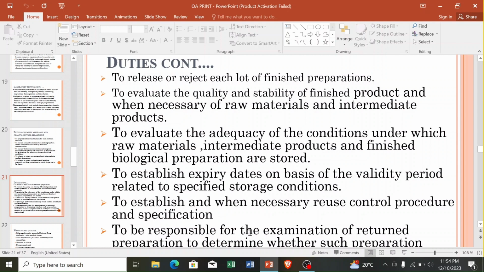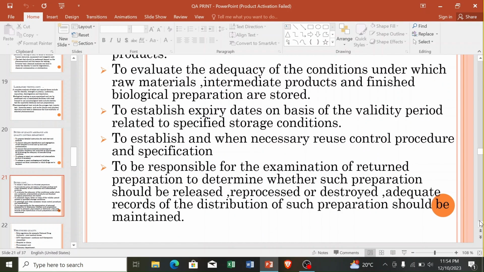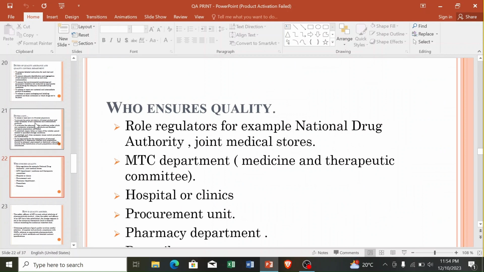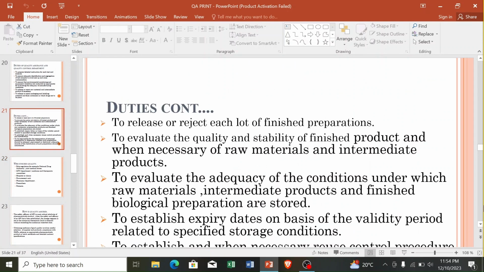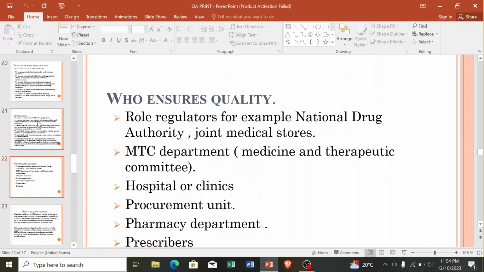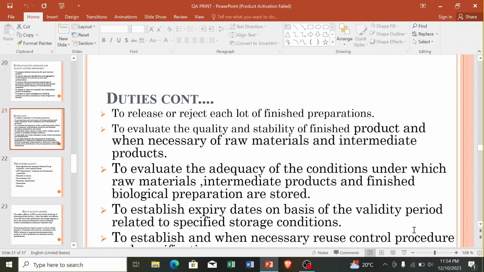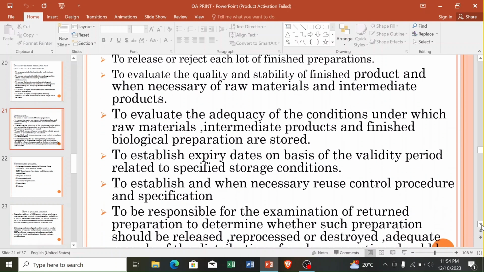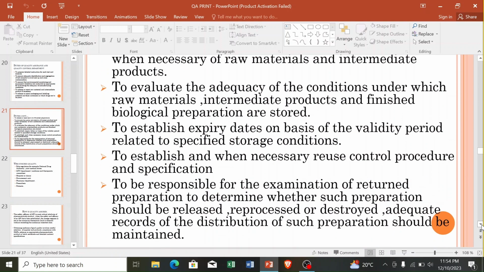And then we have to be responsible for the examination of returned preparations to determine whether such preparations should be maintained.